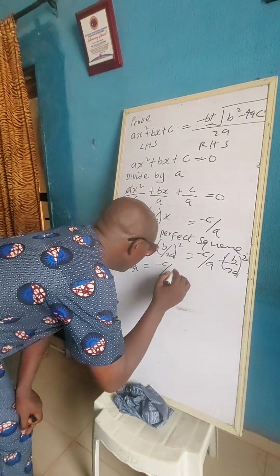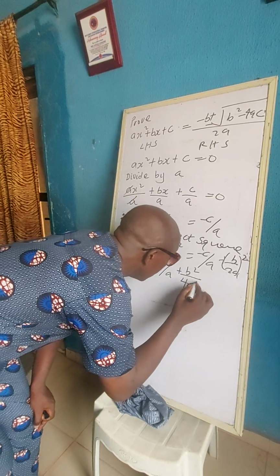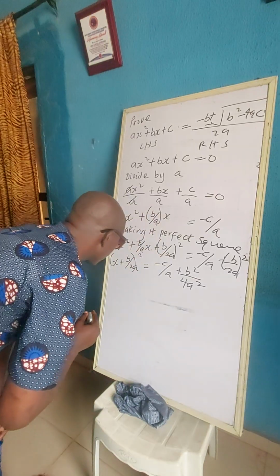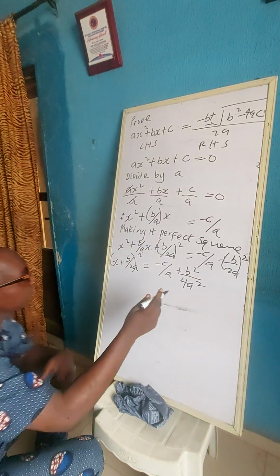Expand this, it becomes plus b squared over 4a squared. Let's simplify this.